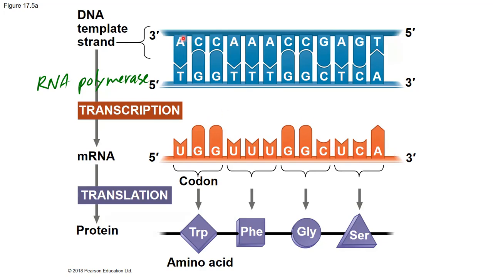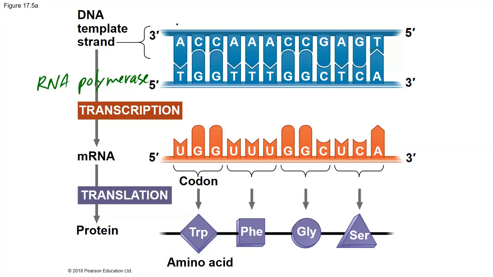So here we have A. It should be T, but since we are talking about mRNA, instead of using T, the enzyme uses U. C, G, C, G, A, U, U, C, C, G, G, G, C, A, T, U, G, C, T, A. So imagine this is a gene, this is the mRNA.